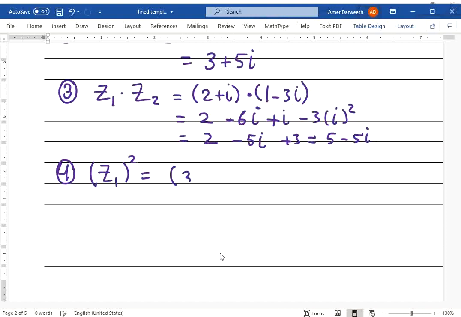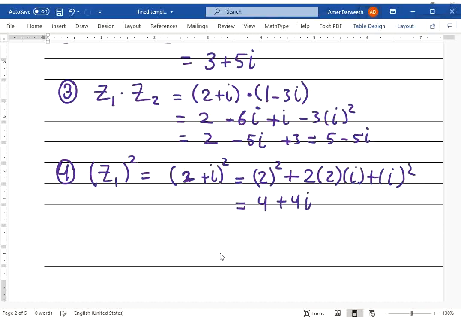So على ما أذكر إنه كانت 2 plus I squared. إذا بستخدم الإكسبانشن 2 squared plus 2 times 2 times I plus I squared. ونستخدم الآن خواص ريال وخواص الكومبلكس. هاي بتعطينا 4 plus 4I plus I squared which is minus 1. إذا الأنسر عندي 3 plus 4I.